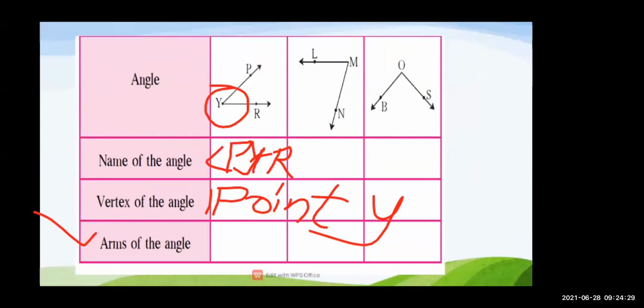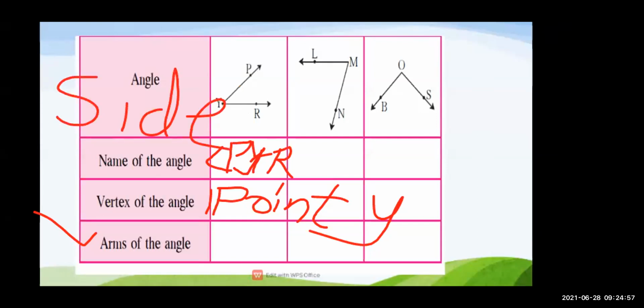How are you going to identify the arms? Arms means, I have told you, the two rays. One is YP and the other is YR. But you are not going to write YP directly. You are going to write it by mentioning side.